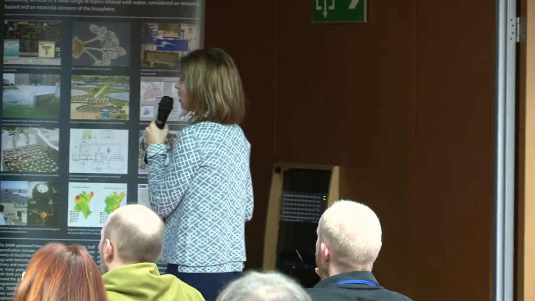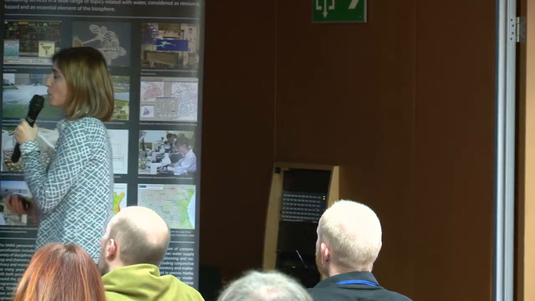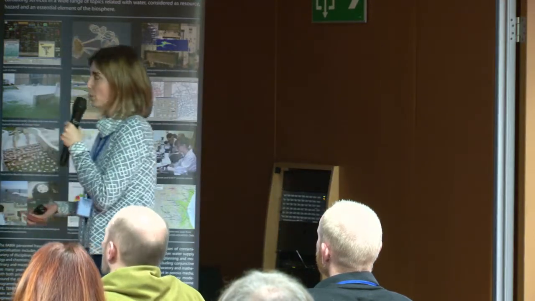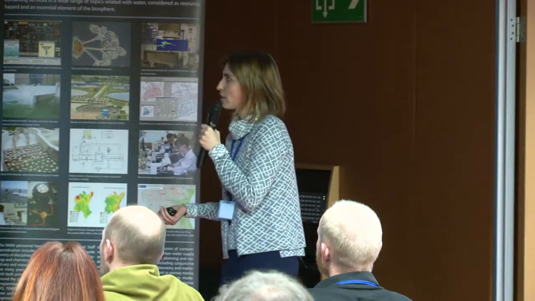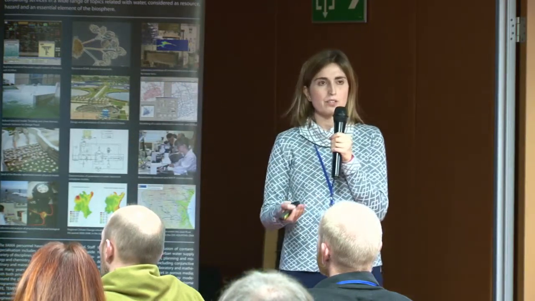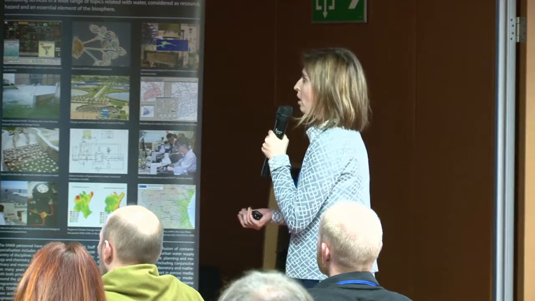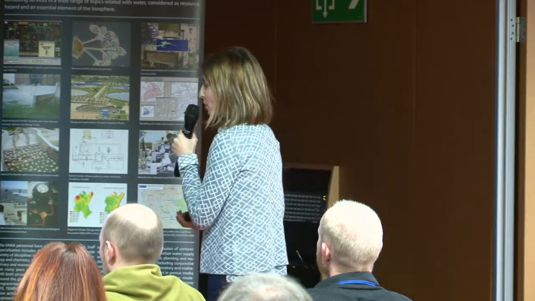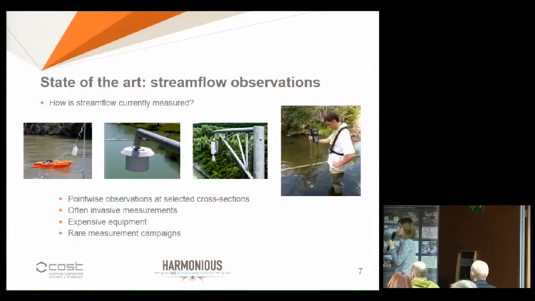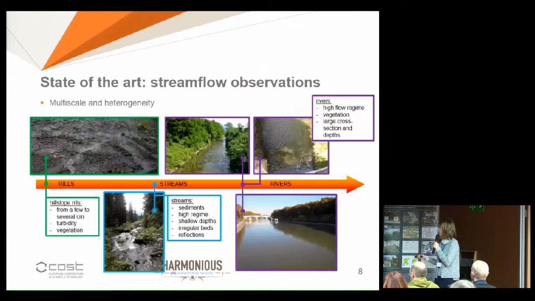So mostly equipment that leads us to point-wise observations at selected cross-sections, invasive sensors that need to be deployed into the current, expensive sensors. These are the reasons why measurement campaigns are rare.